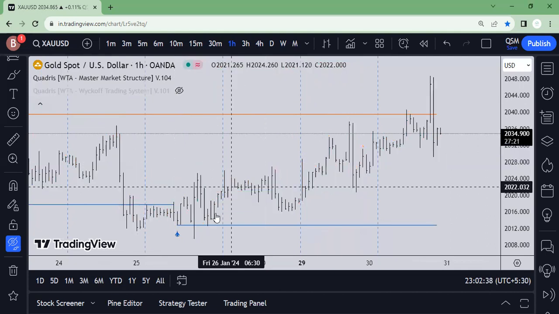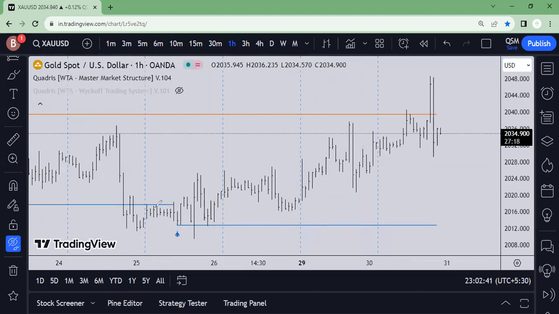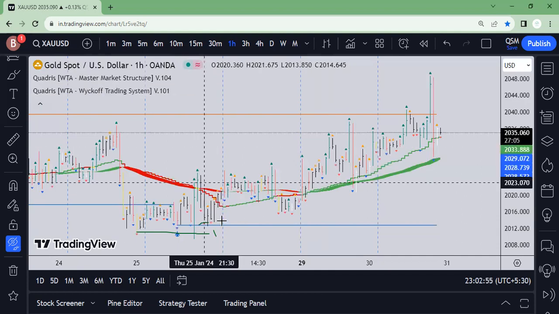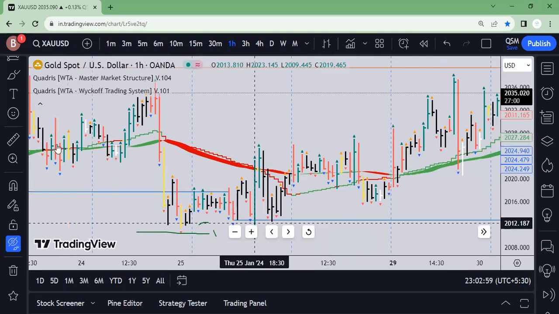Coming back to our levels, I would be a buyer over here. This is my buying opportunity based on the studies of Wyckoff. This is a spring, a test of the spring. Volume has to be low. If you want to cross verify it, you can do so with this bar tool.